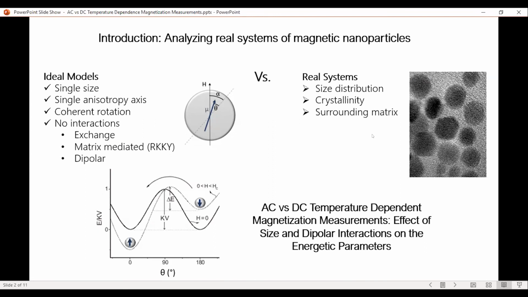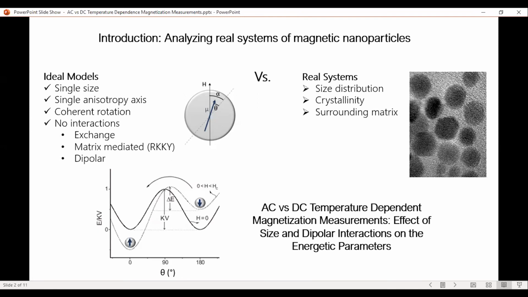And if we can control the distance between the nanoparticles with this matrix, we can also control the dipolar interactions. What's important to remember about all these characteristics is that they are very important in the anisotropy constant of the system, which basically controls the activated process of going from blocked to unblocked or superparamagnetic state.